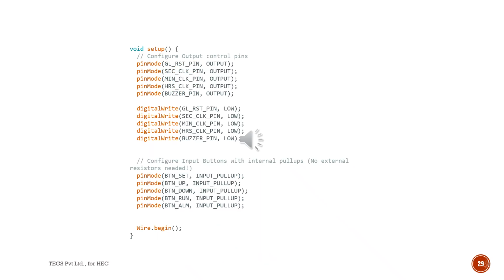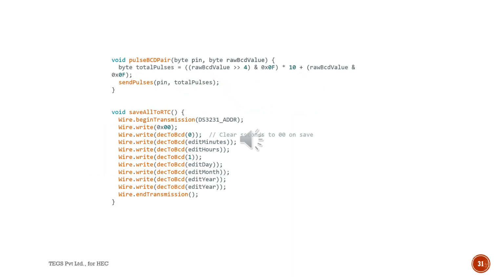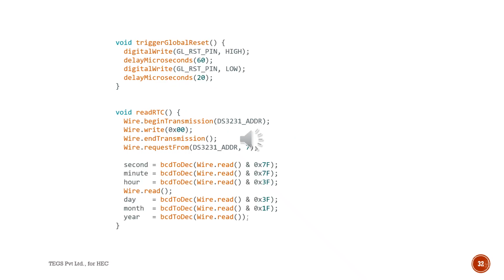The setup function, which the microcontroller executes only once, is given in this page. Here most of the initialization and pin assignment happens. The code of the send pulse function is given here. The subroutine for pulse BCD pair is given in this section.